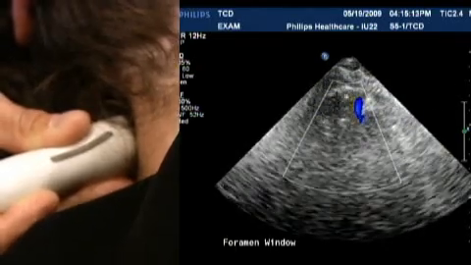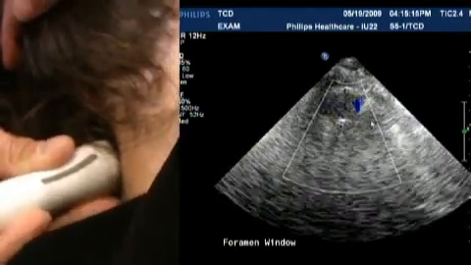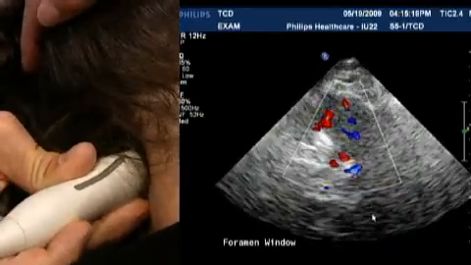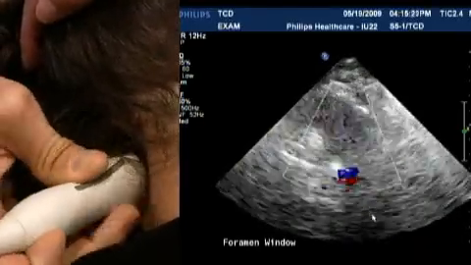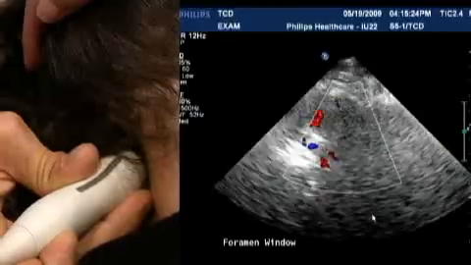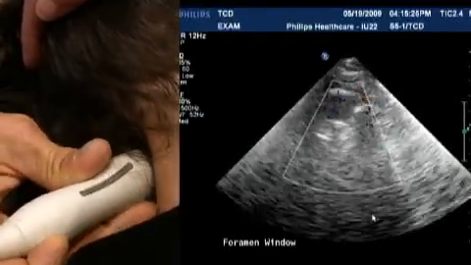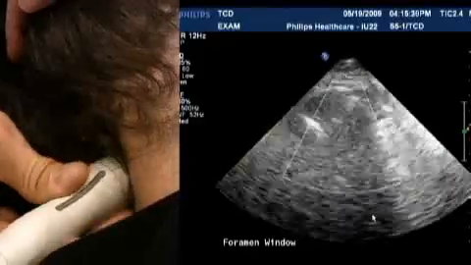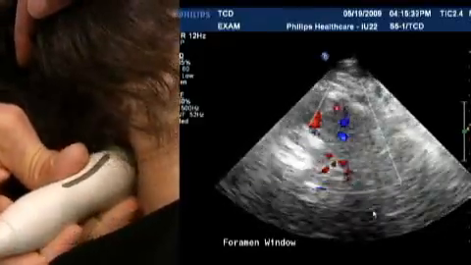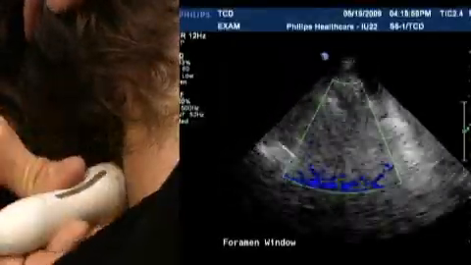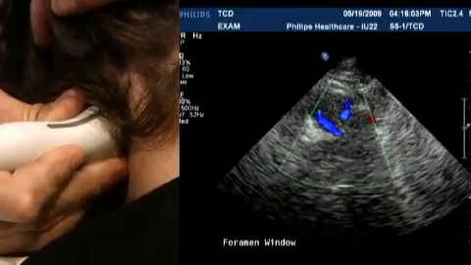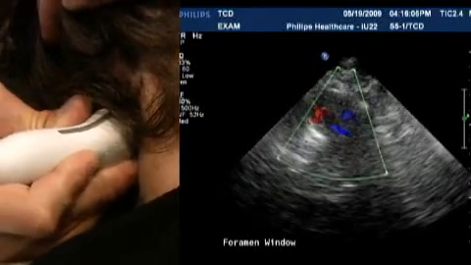So pointing out, you can see the foramen magnum here, and our vertebral vessels entering the brain. So at this point, flow is going to be going away from the transducer. And I just wanted to find the basilar artery. I see your vertebrals, I'm not seeing your basilar.